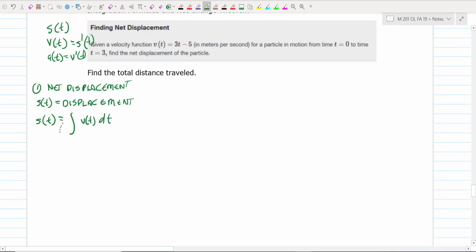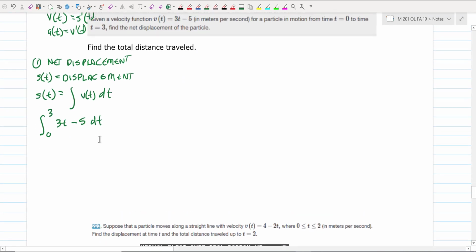Okay, and what we're going to do is work out this integral to find this net displacement from 0 to 3. So we're going to do the integral from 0 to 3 of 3t minus 5 dt. This is a definite integral we're going to work out with the fundamental theorem of calculus.